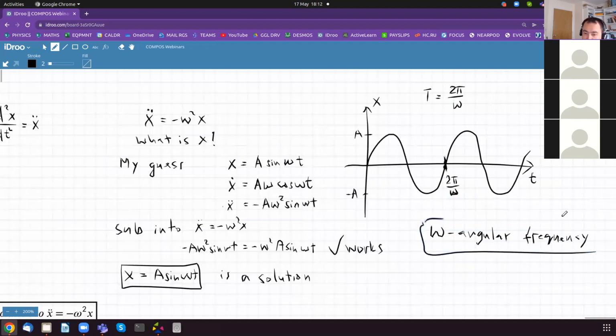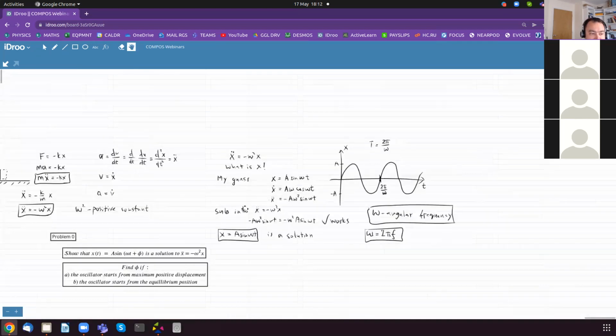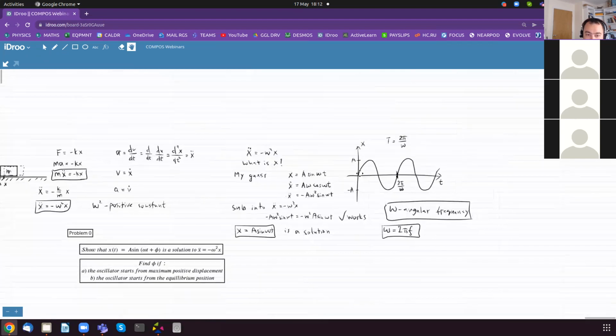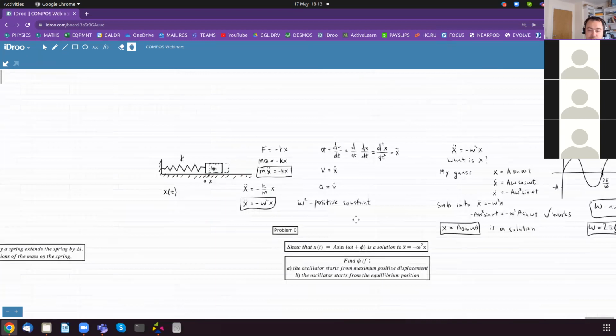Its link with regular frequency is that omega is equal to 2 pi times f, where f is the frequency of oscillations. And it makes perfect sense that if an object is released, it will oscillate, it will vibrate left and right, left and right.